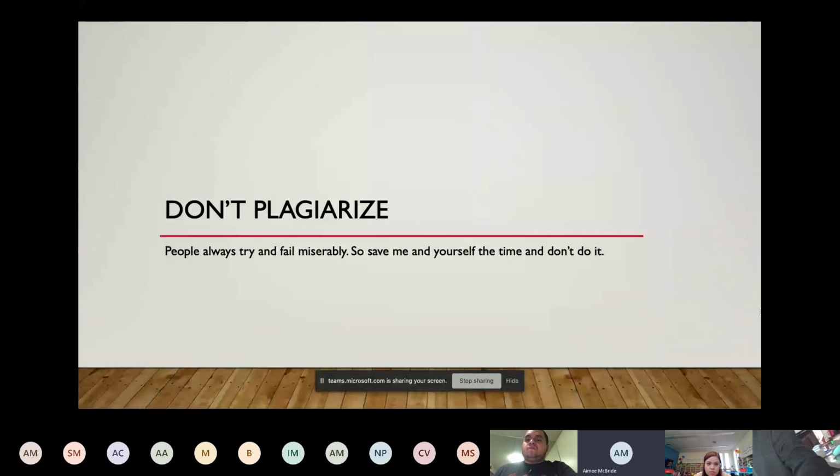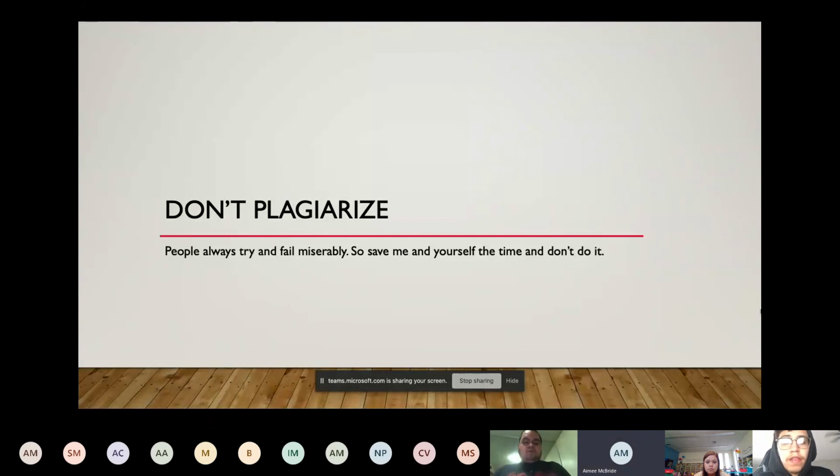Of course, do not plagiarize. Since everything is being turned in via Canvas, that means everything goes through the Turnitin section that checks for plagiarism. Every year I teach this class, somebody plagiarizes because they don't cite something and they don't quote something. They just take it out of the book word for word and put it in their papers.